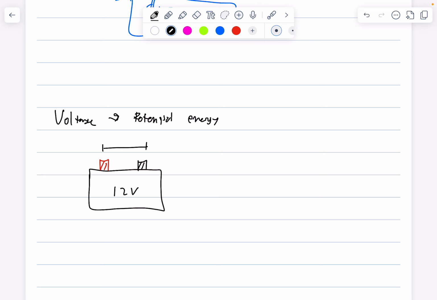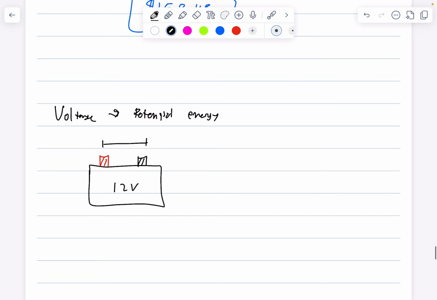But right now, with an air gap, the air is so highly resistive that there is no current flow between the positive and negative terminal, right? Because air is not conductive. You cannot conduct through air.